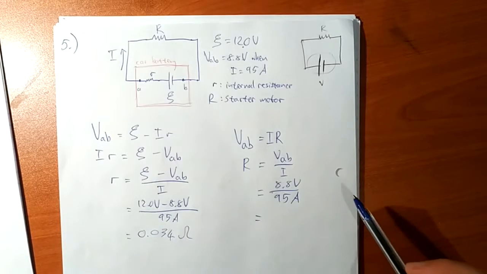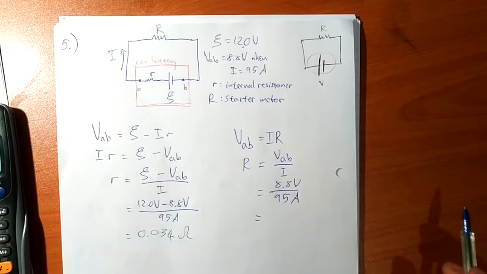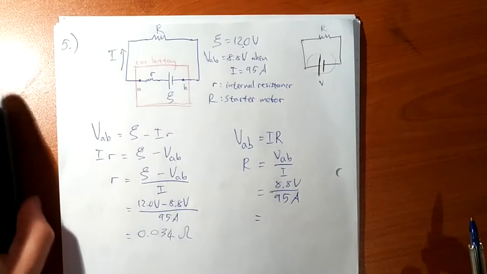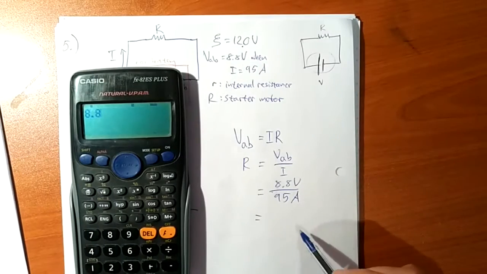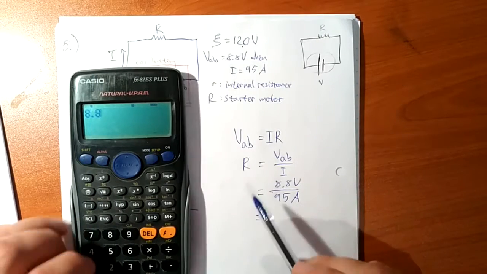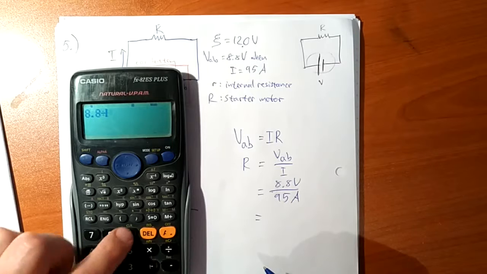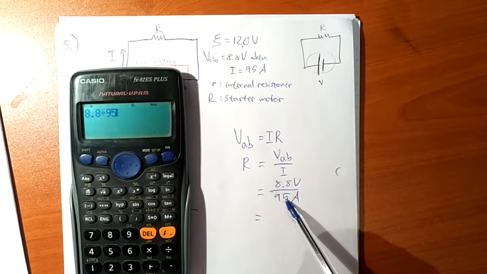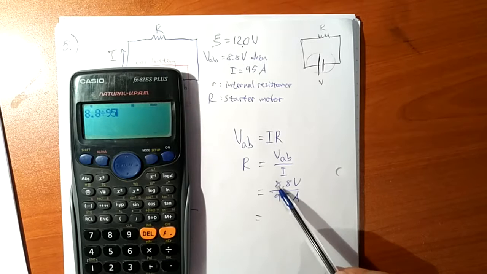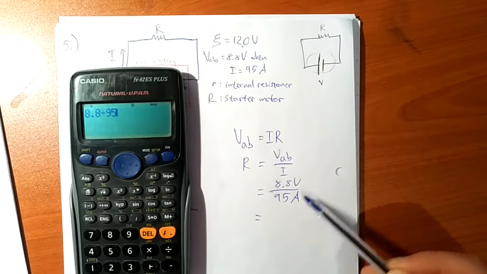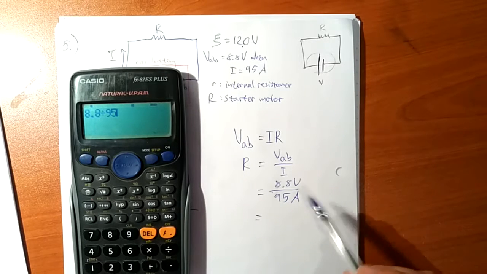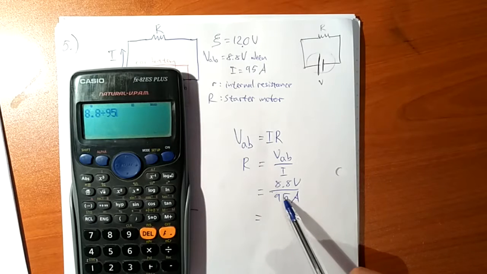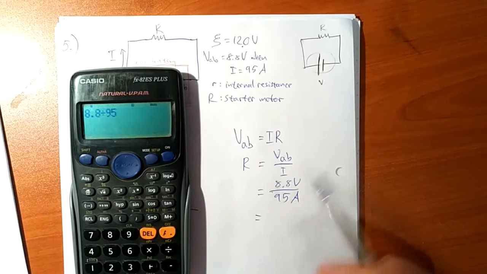Okay, and that gives us what? What should this answer be approximately? Well, if we divided by 88, then 8.8 divided by 88 would be 1 over 10, right? But we're dividing by a little bit more than 88, 95, so it should be less than 0.1.